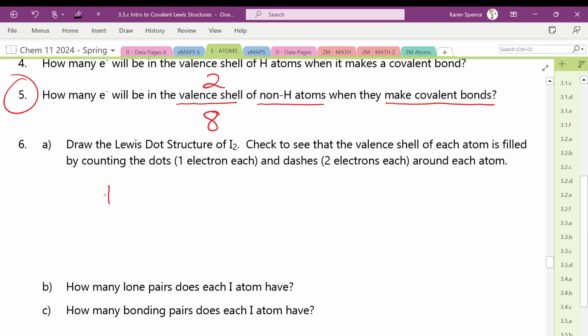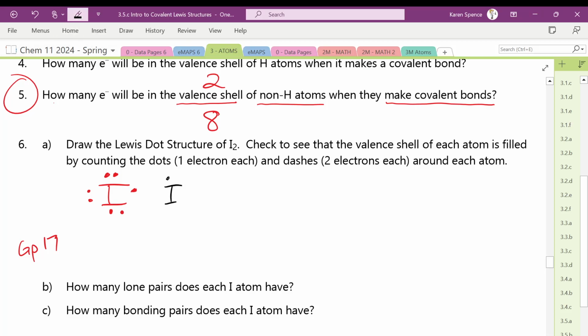We have I, and I is in group 17. So it has 1, 2, 3, 4, 5, 6, 7 electrons, although I actually prefer to put the single electron over on the right so it's beside the other atom.